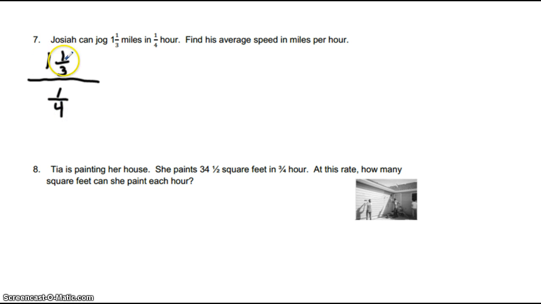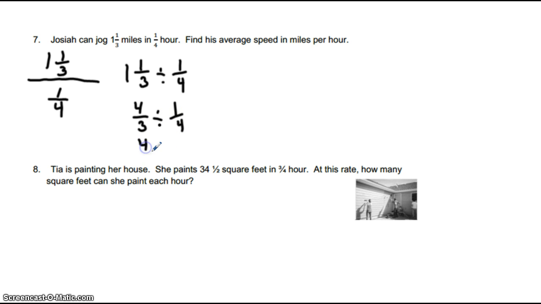So we're going to divide 1 1/3 by 1/4. What we need to do, if you recall, is turn this into an improper fraction, so that will be 4/3 divided by 1/4.